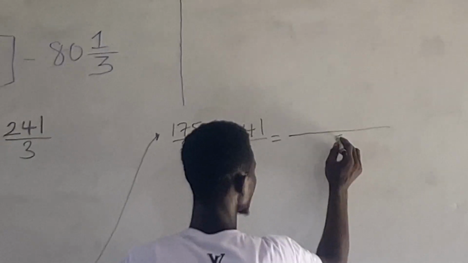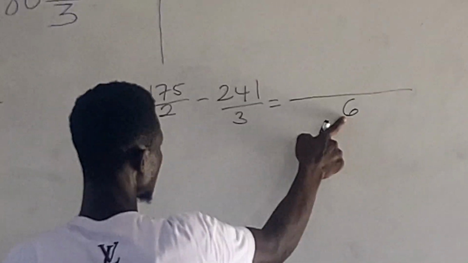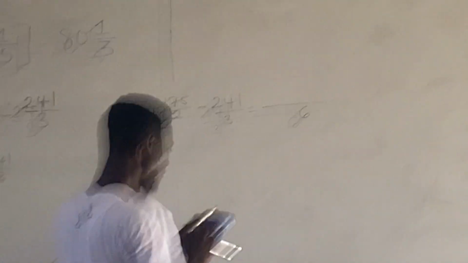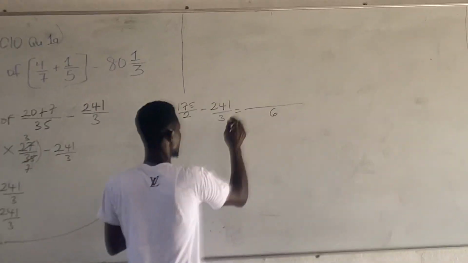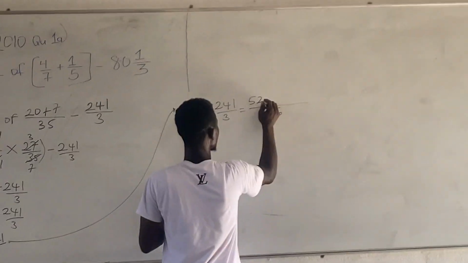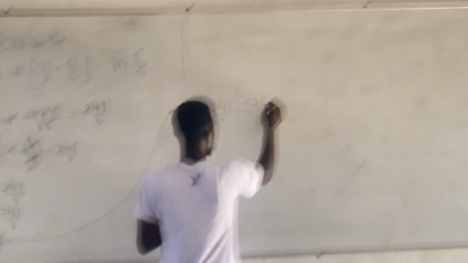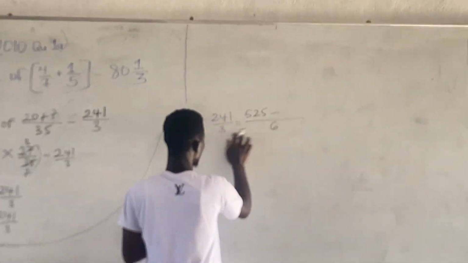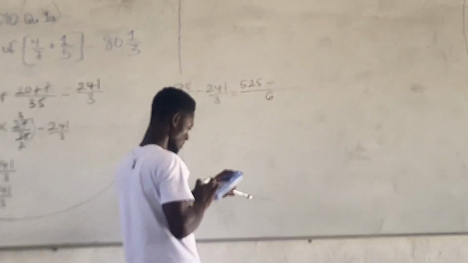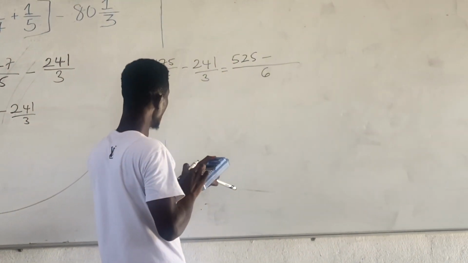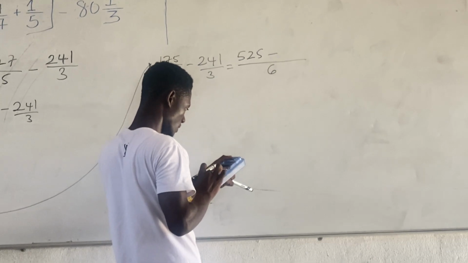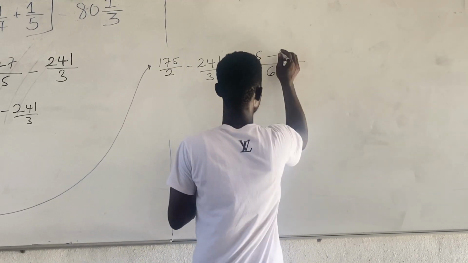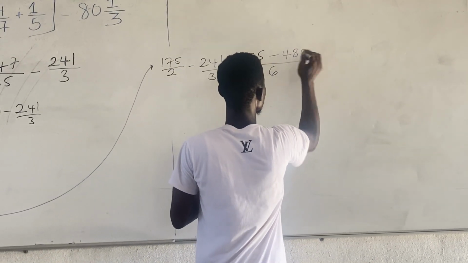The LCD for 2 and 3 will be 6. 2 goes into 6 3 times, and 3 times 175 gives us 525. The sign here is minus, so we write a minus here. 3 goes into 6 2 times, and 2 times 241 is 482.